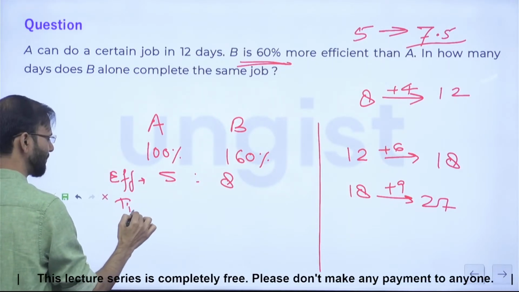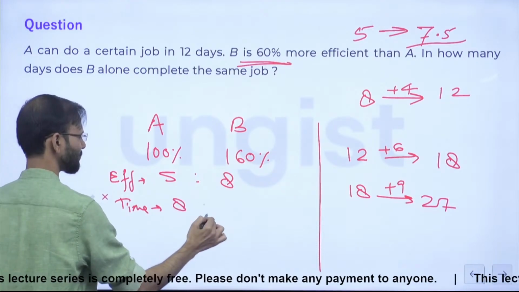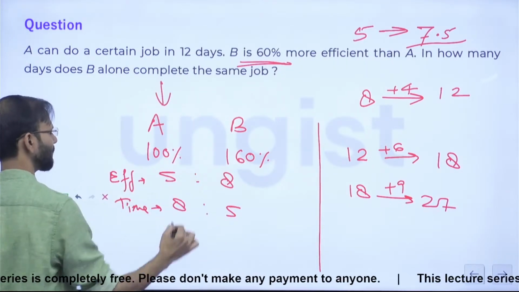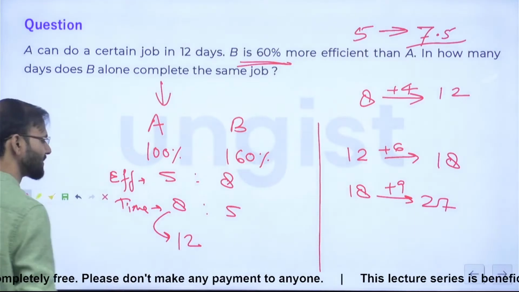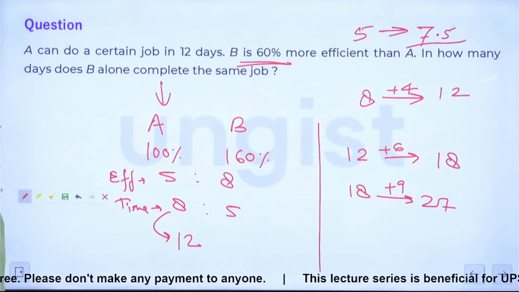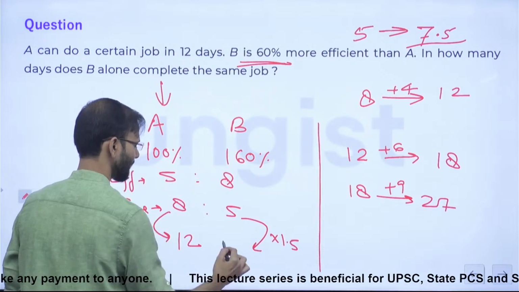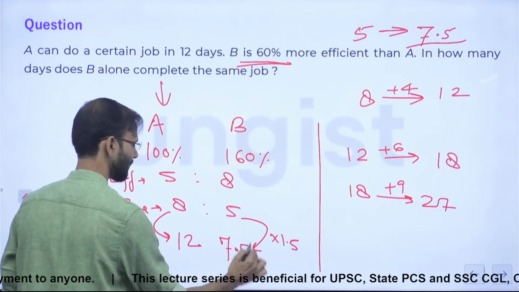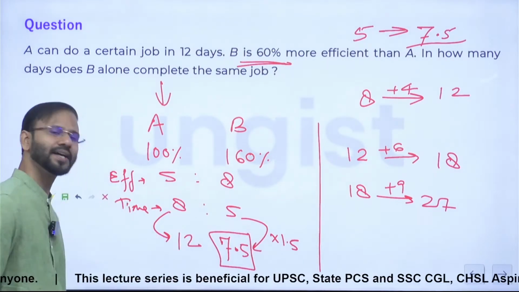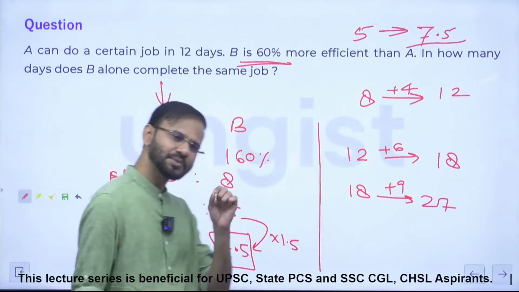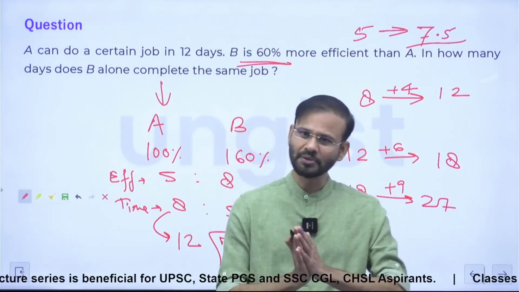So ratio of the time taken by them will be in the ratio 8:5. A can do in 12 days. This is what, guys? 1.5 times. So this should be 1.5 times of this. The answer is 7.5. Right? Guys, these small things will lead to the bigger change.